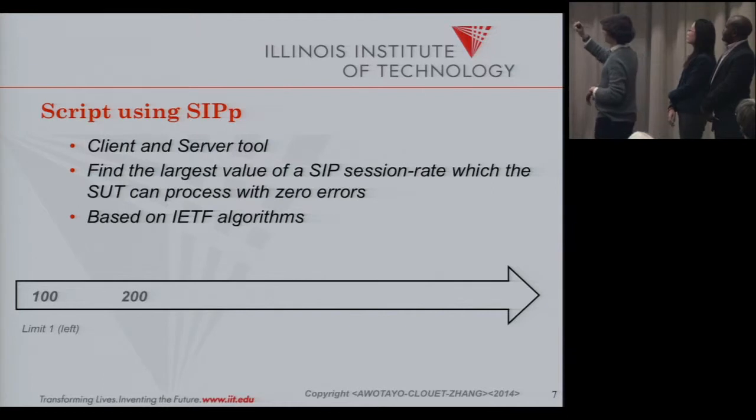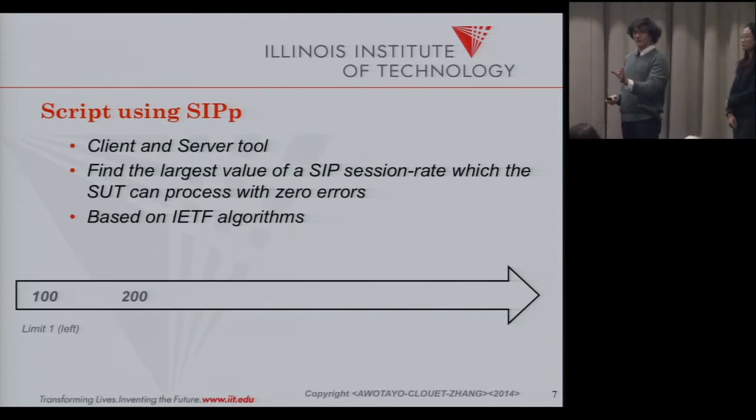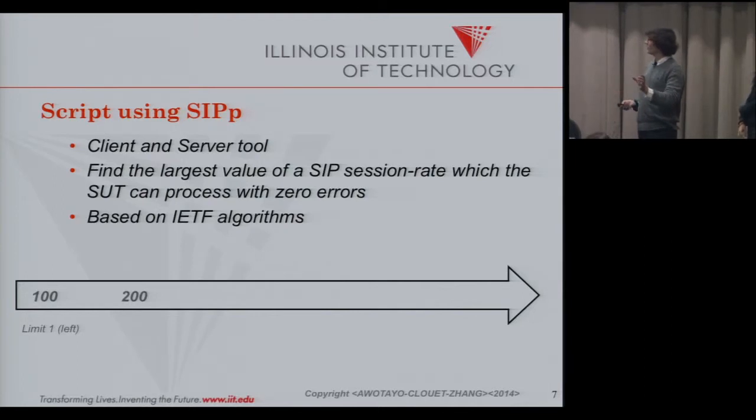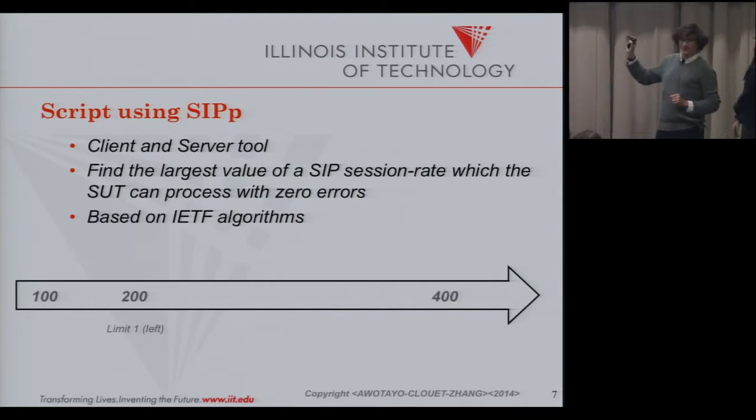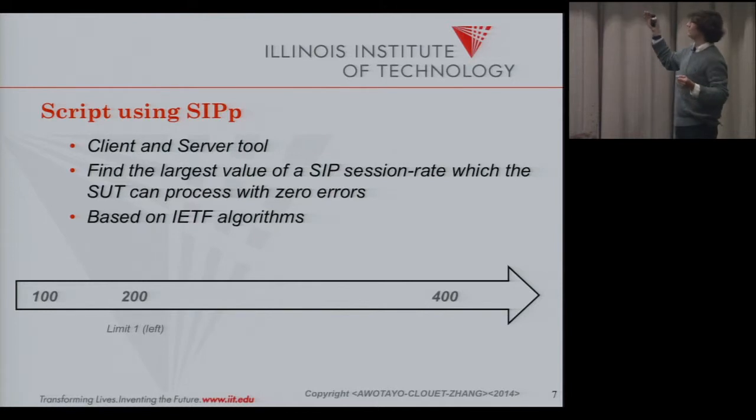We also save the left limit, which is the minimum call rate without any failed call. There is also no failed call at 200, so we are raising to 400.